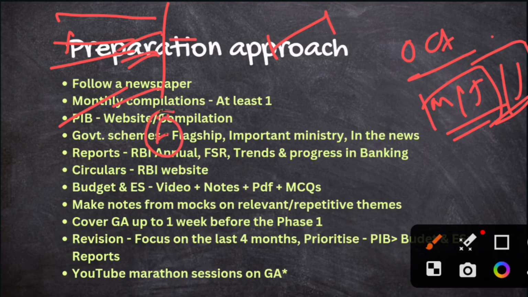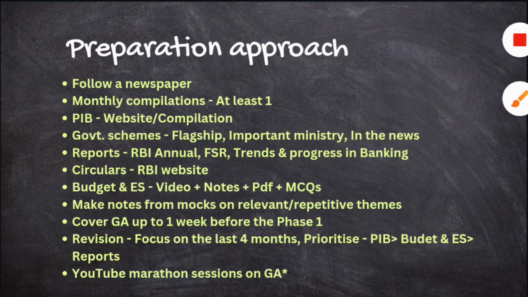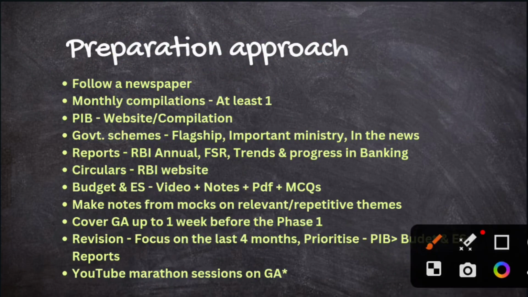So what I would say is you should start with multiple sources till a certain point of time, maybe February. After that, you should restrict your sources. This is maybe till May, and after that, you need to just revise the sources which you have limited yourself to. So this is how one should approach GA.